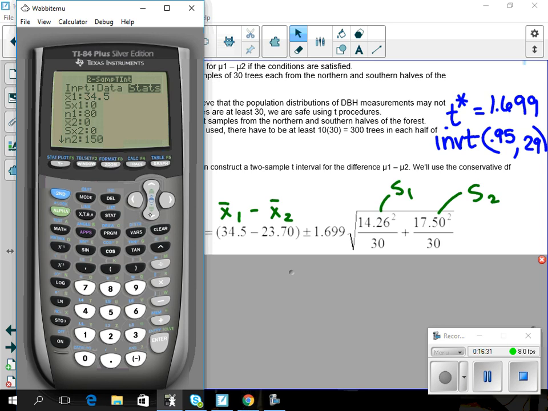And S1 was 14.26. Sample size 1 is 30. Nope, just the regular. It'll square it for you. That's just part of the formula. The mean of the second sample was 23.7. The sample standard deviation for sample 2 was 17.5. And we again have a sample size of 30. Our confidence level was 90.